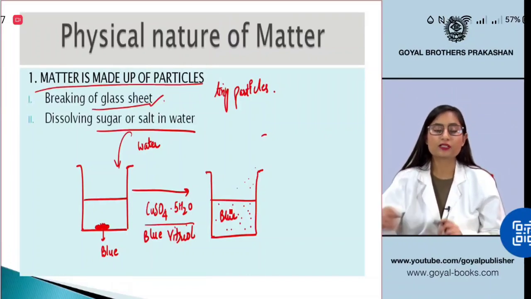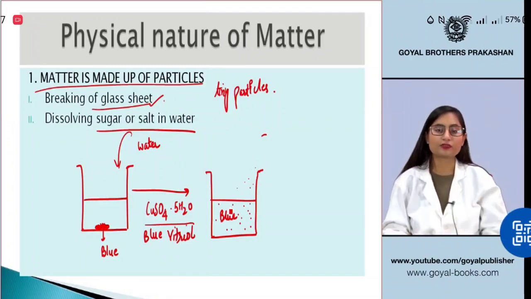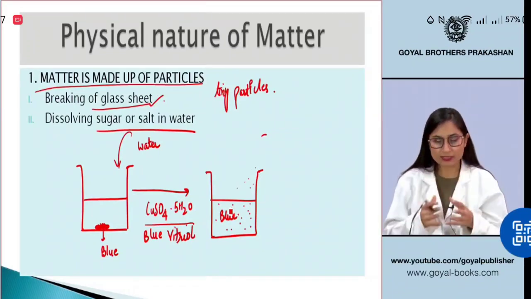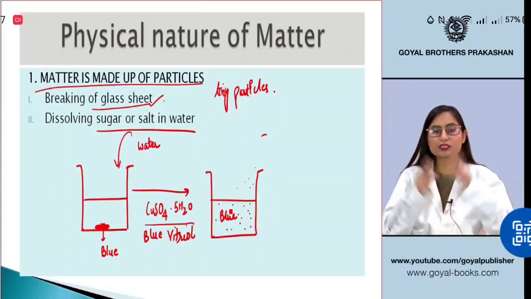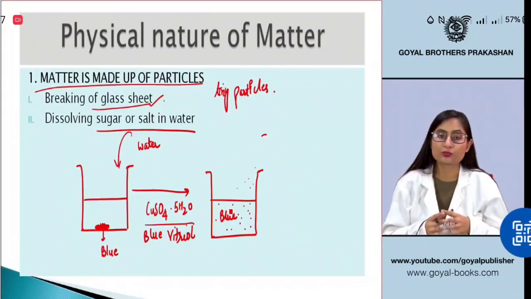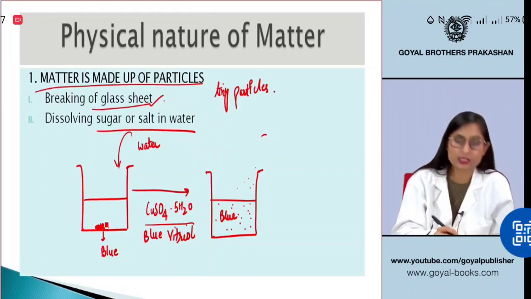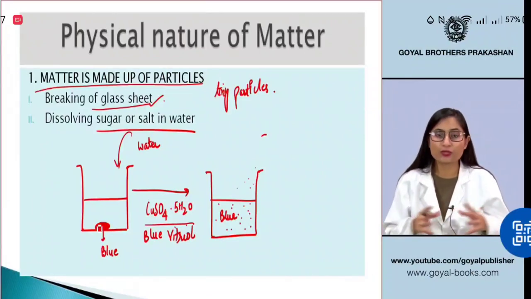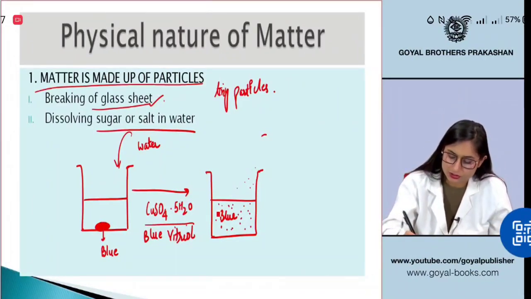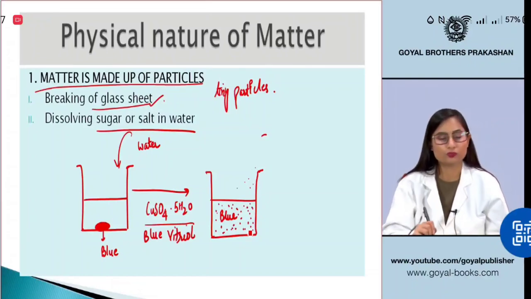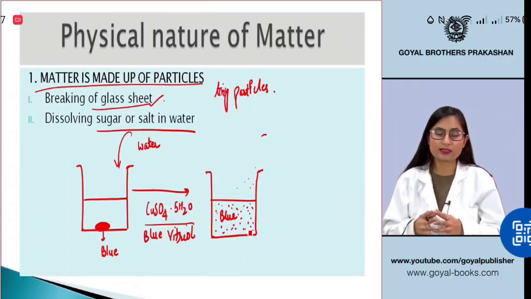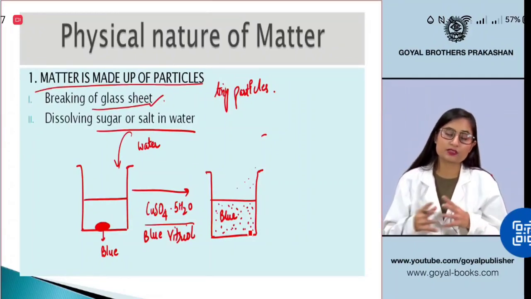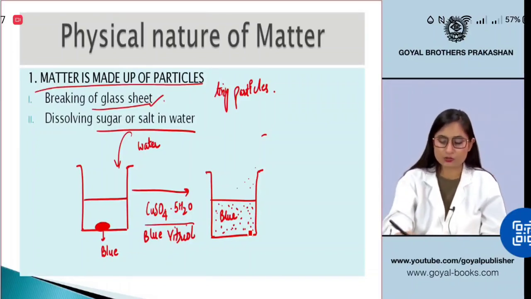This is because the copper sulfate that was present at the base of the beaker is a form of matter, and it breaks into tiny particles which travel throughout the solution and give a color to the whole solution, which is blue. This is how we say that matter is made up of tiny particles, and these particles when present in a solution are in continuous motion, which is known as Brownian motion.